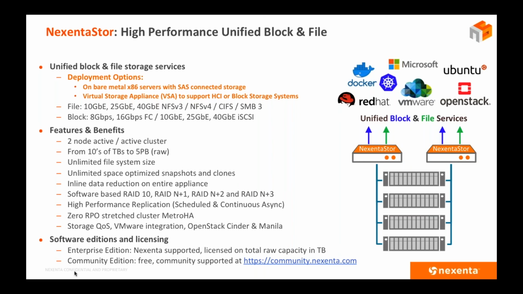You add that all into the VMware integration, OpenStack integration, things that you need to run this in the enterprise, and it really rounds out the ability to use this as your primary, secondary, and even your backup storage, all with the same management platform.